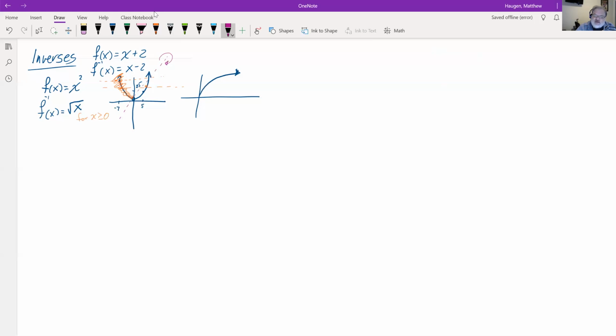If we rotated that, our function wants to be this. But that can't be a function. It doesn't pass the vertical line test because the original function didn't pass the horizontal line test. So we have to say, for our inverse to be valid, we won't let x's be negative.